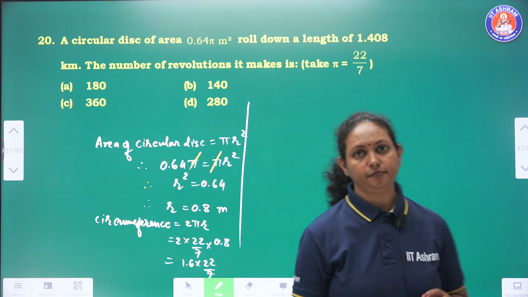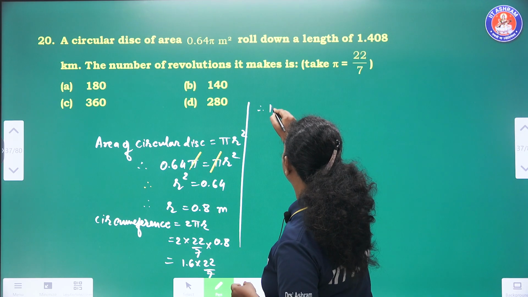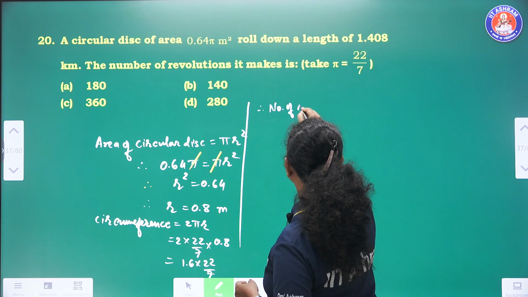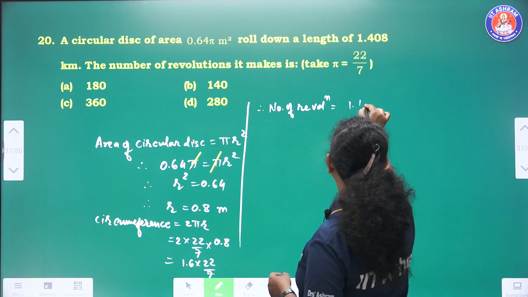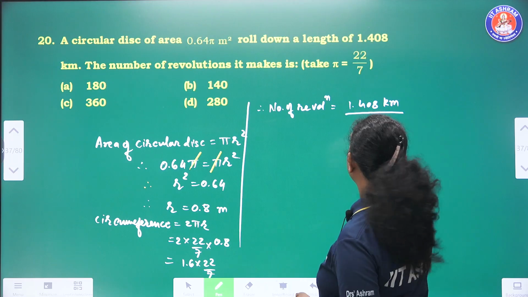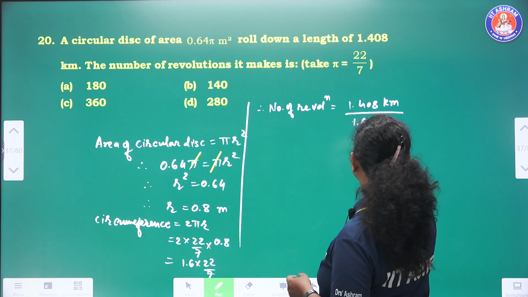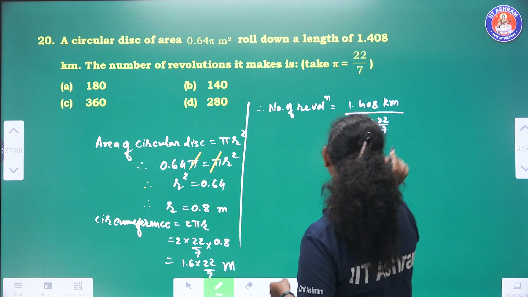So now here we are going to solve it with the next. So number of revolutions is 1.408 kilometer divided by 1.6 into 22 by 7. But what is its unit? Meter.